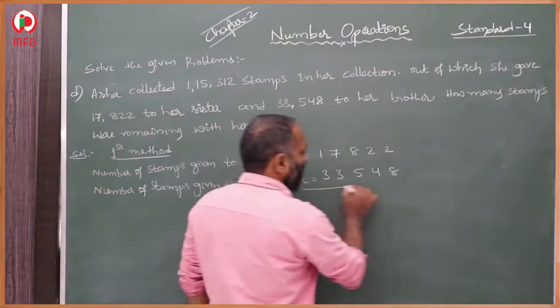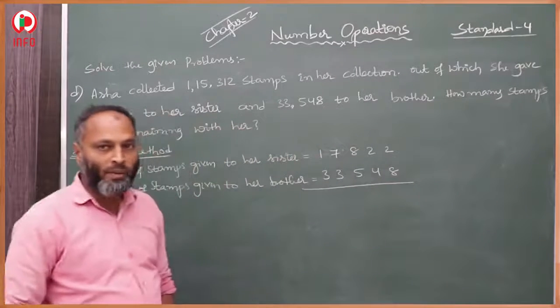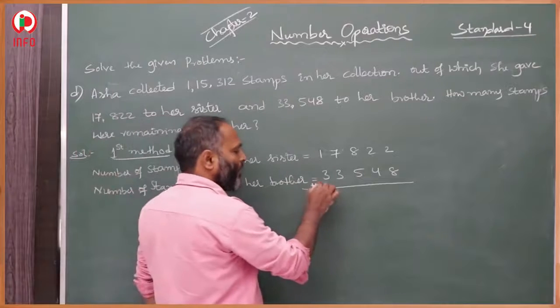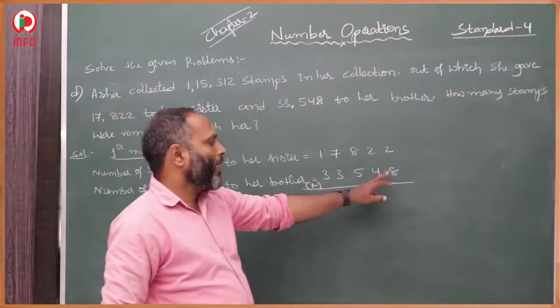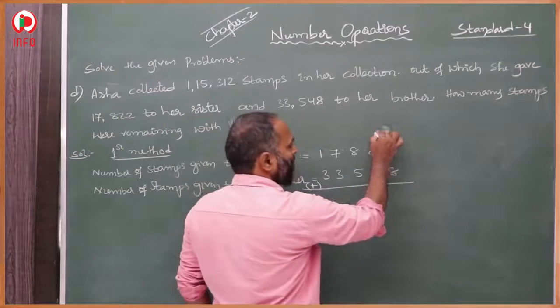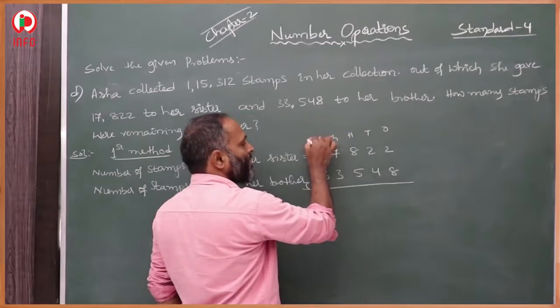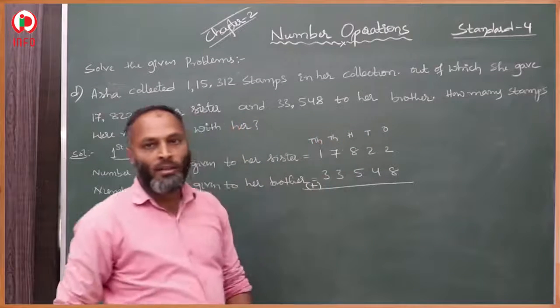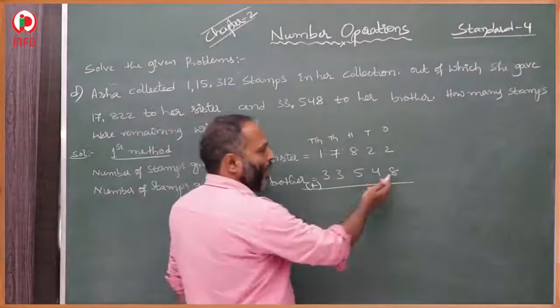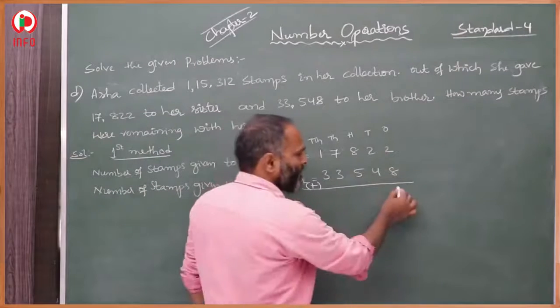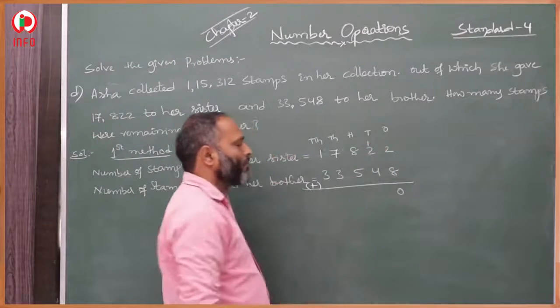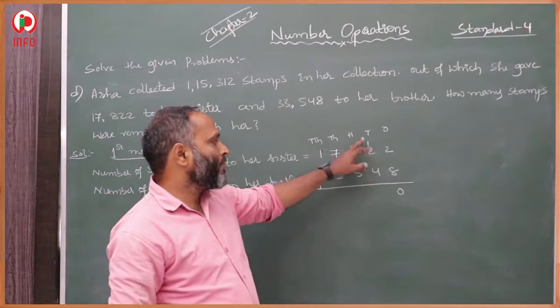Then total stamps given to her brother and sister means we have to add. Addition. 8 plus 2. This is ones place, this is tens place, this is hundreds place, this is thousands place, this is 10,000s place. 8 plus 2 is 10, 1 carried here. 4 plus 2 is 6. 6 plus 1 is 7.